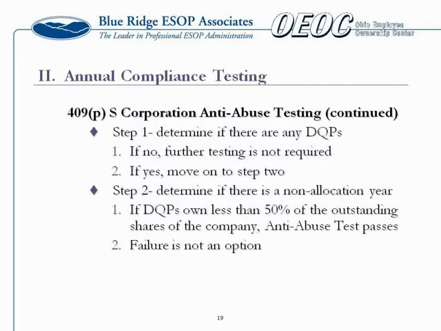In step 2, we determine if this is a non-allocation year. During this test, we're looking at whether the DQP owns less than 50% of the outstanding shares of the company. If they own less than 50%, the test passes.